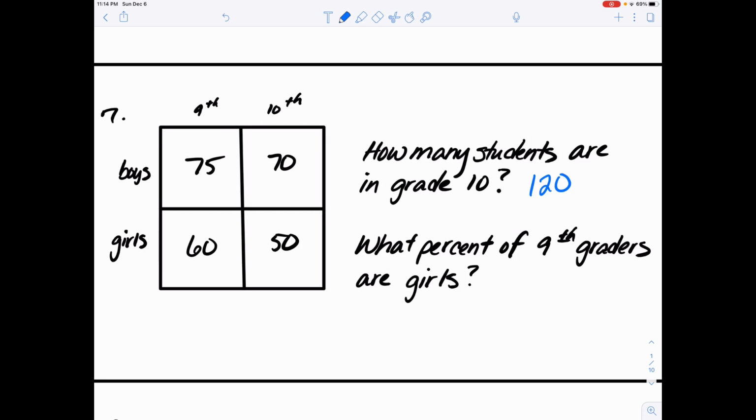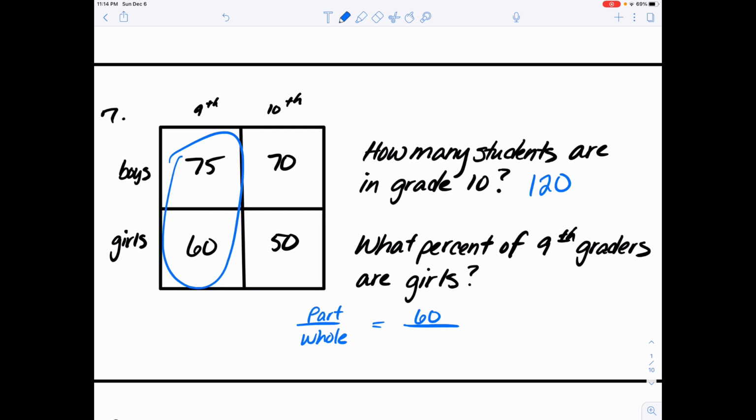The second part of this question says, what percent of 9th graders are girls? So we're only looking at 9th graders, and very specifically we're looking at the percent of 9th graders that are girls. When you take percent, remember percent is part divided by the whole. In this case, the part we're looking at is 60 divided by the whole, meaning how many total students are there in the 9th grade.